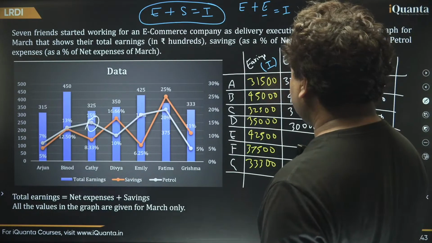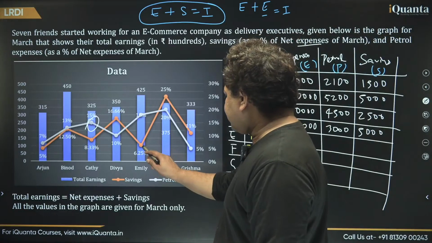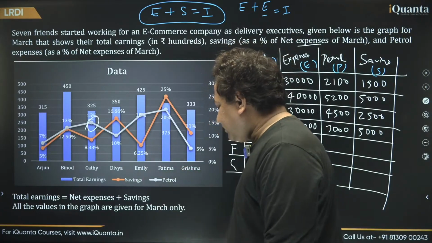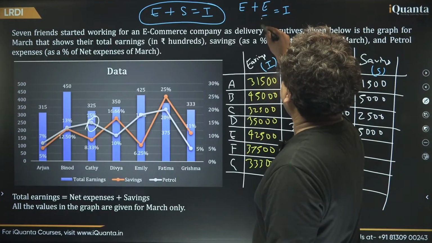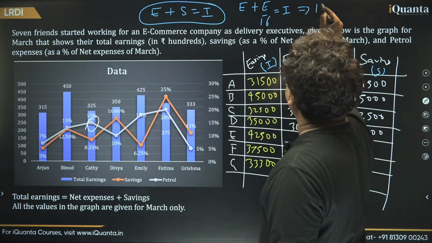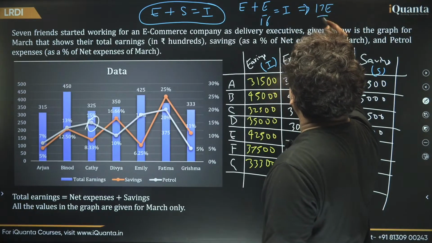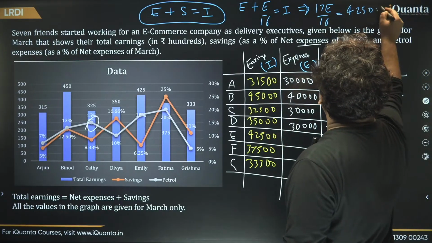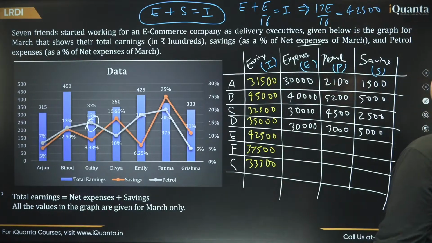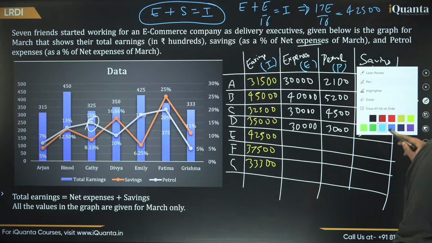Anyways, coming to E, Emily. Emily is spending 6.25% on petrol. 6.25 is how much? It's 1 by 16. So E plus E by 16 must be equal to I, which gives us 17E by 16 is equal to this 42,500. 17 will cancel out, 17 2s are 34, 17 5s are 85, so 2,500 into 16 is 40,000.